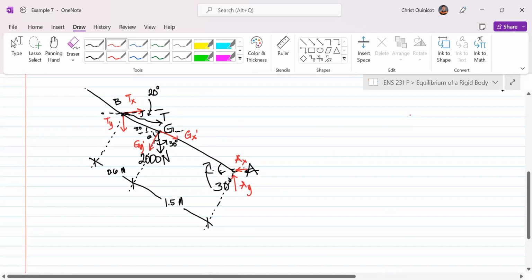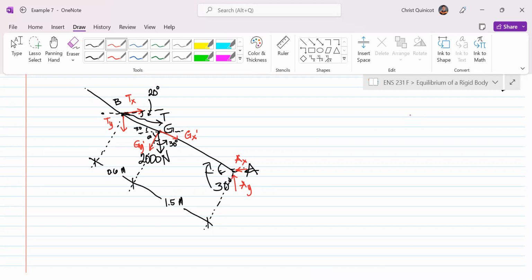So if we want to calculate T, we do moment summation about A, because if we do force summation in either X or Y, we will end up with two unknowns: the Y component at A, and Ty and Tx and Ax.